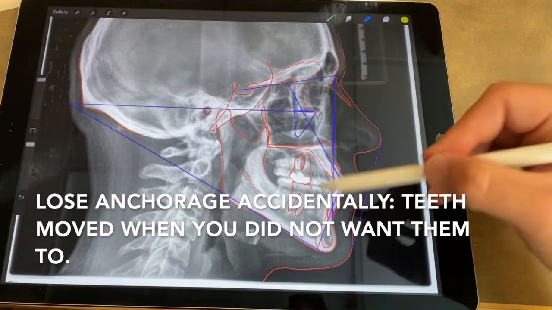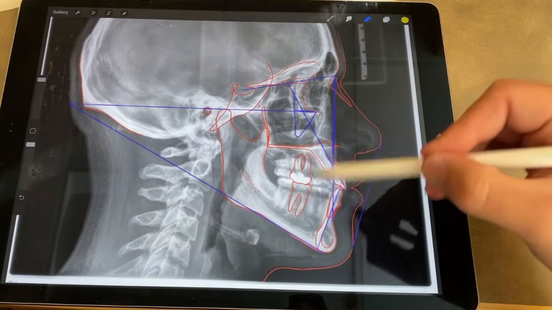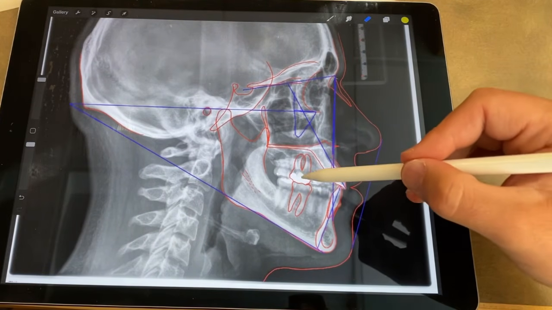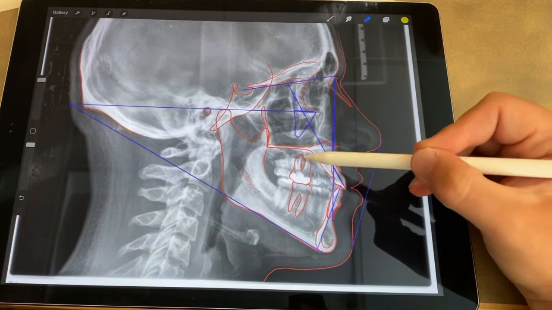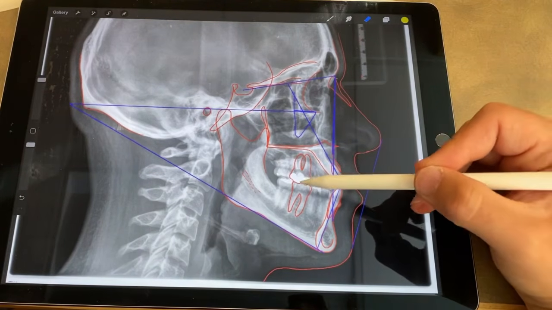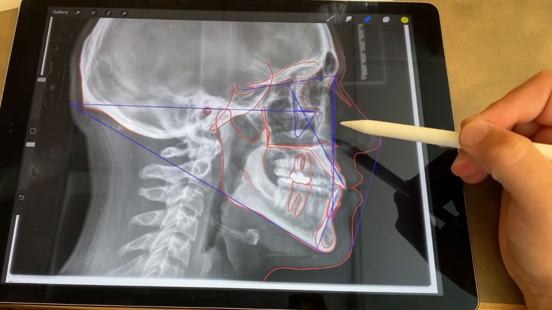So you can really see how your mechanics panned out. So this is more to evaluate a before and after. It's not super important for measurements or numbers.